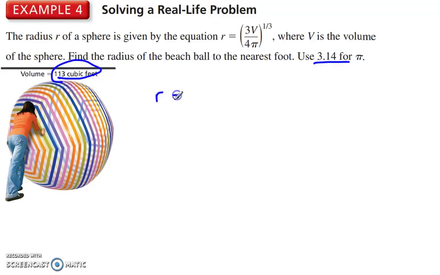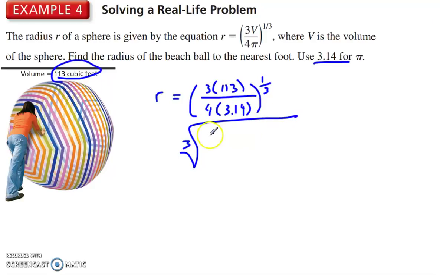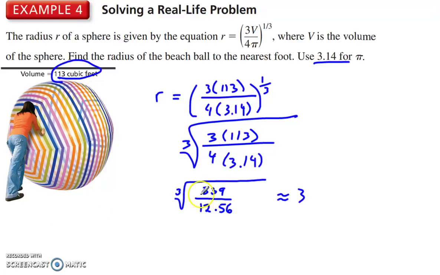All right, so the radius is equal to 3 times the volume, over 4 times 3.14 for pi, and that is to the power of a third, which means we can convert this to the cube root, and then we can type all this into our calculators. And we get 339 over 12.56. That's approximately 3.